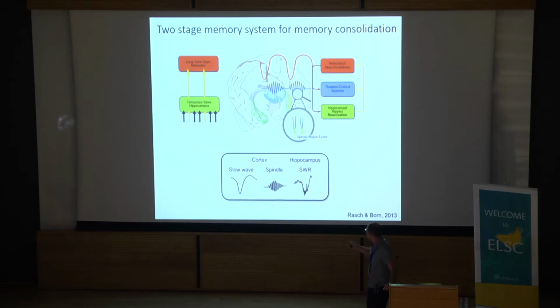And I should mention that this process is thought to be mediated by a few activity patterns, namely the slow waves that we see in cortex, and I showed you before, and the sharp wave ripples in the hippocampus, which are these potential deflections with a ripple with a high-frequency signature sitting on top of them.